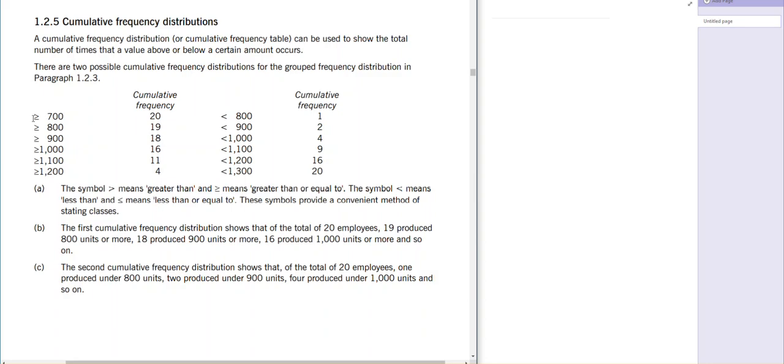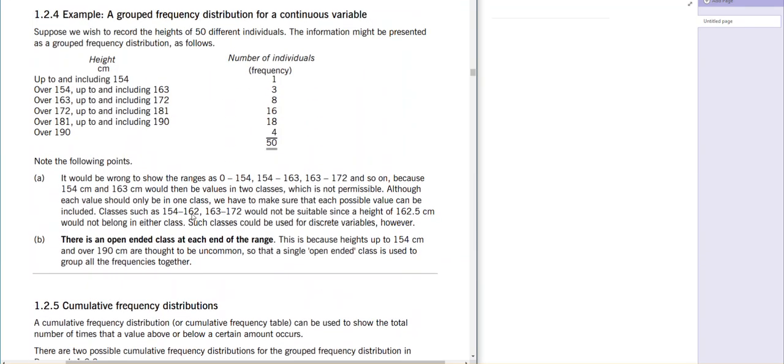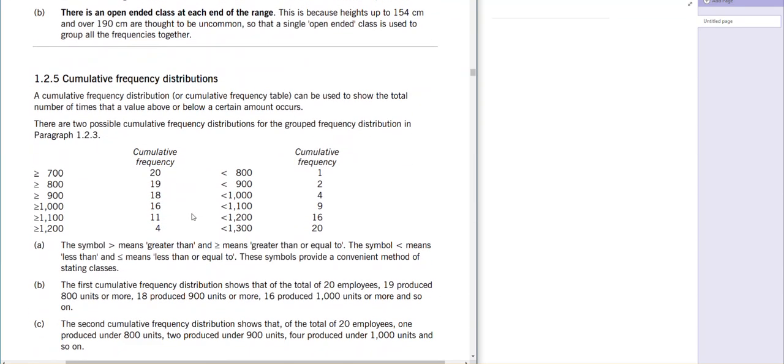For example, units equal to or less than 700 is 20 times, because all of the data in the example above is below 700. And below 800, sorry, this is not below, this is above.